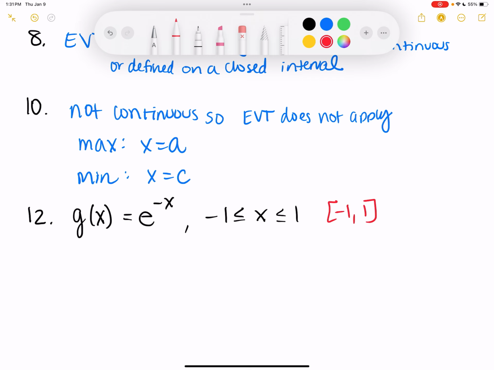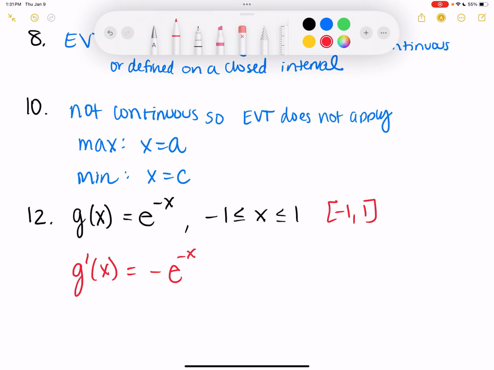So I need the derivative of g of x. What would that be? Negative e to the negative x.